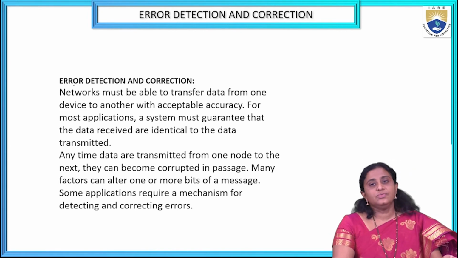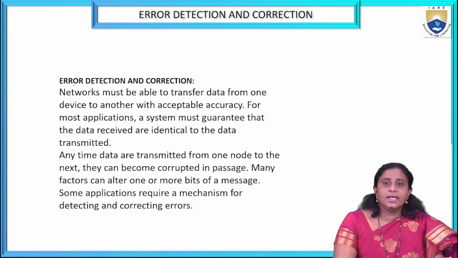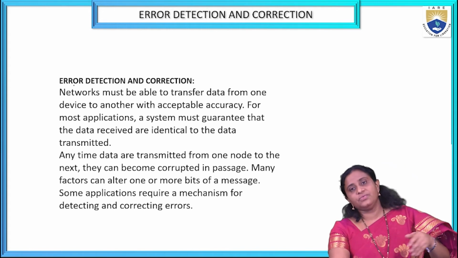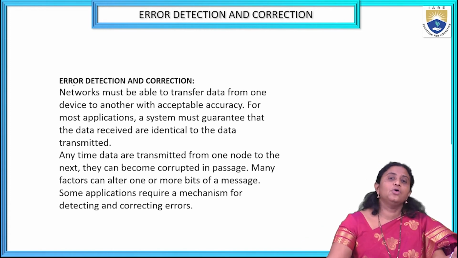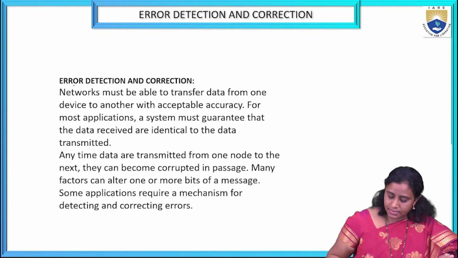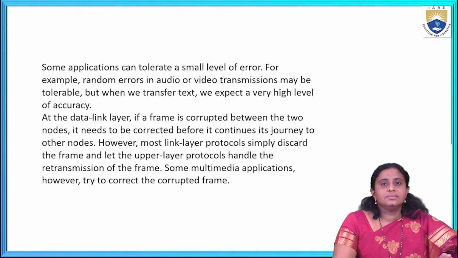Many factors can alter one or more bits of a message. Some applications require a mechanism for detecting and correcting the errors while you are working with the data link layer. Some applications can tolerate a small level of error.